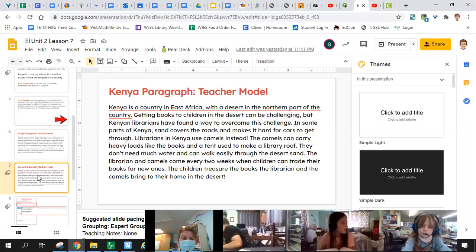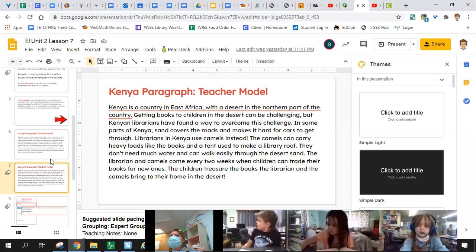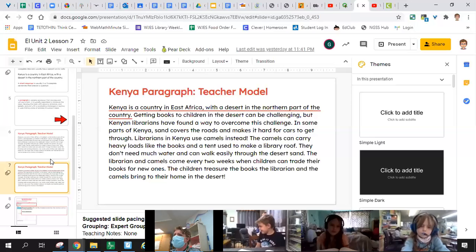All right. So our introduction to our paragraph, introducing the reader. Now, why would it be good to tell the reader where Kenya is? Why would it be a good thing to tell the reader a little bit about Kenya? What do you think, Madison?